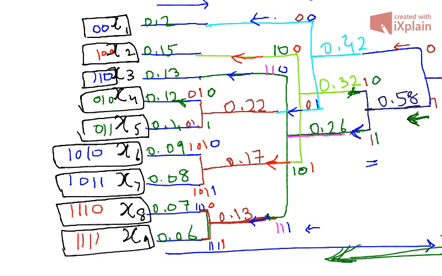Now if we need to store these 9 symbols using Huffman coding, how many bits of memory is required? You just count it. 2 bits for x1, 3 bits for x2, 3 bits for x3, 3 bits for x4, 3 for x5, 4, 4, 4 and 4.